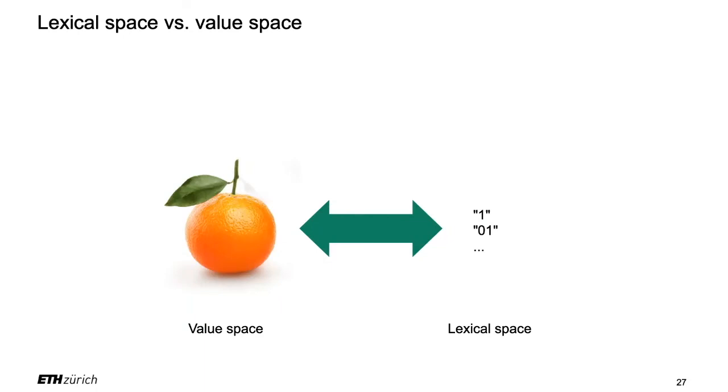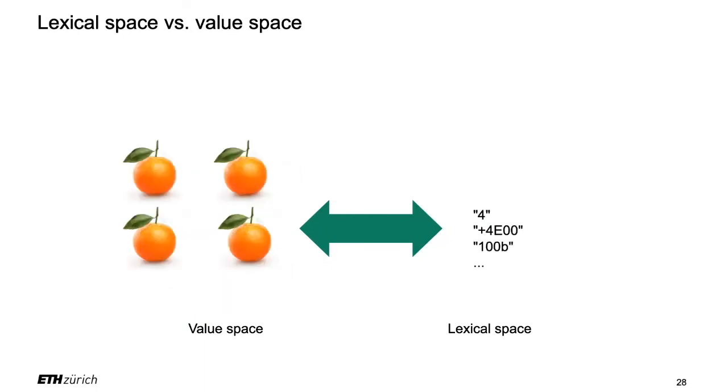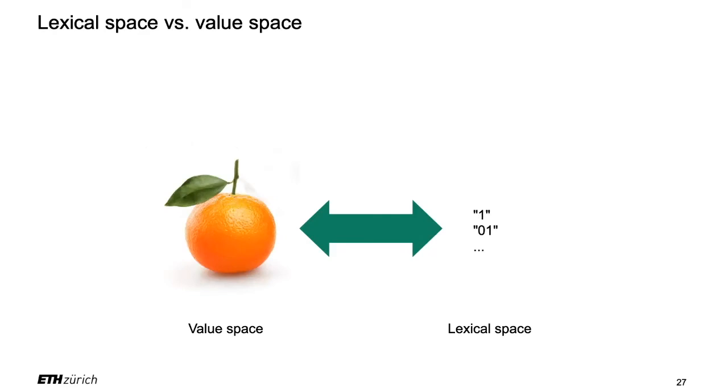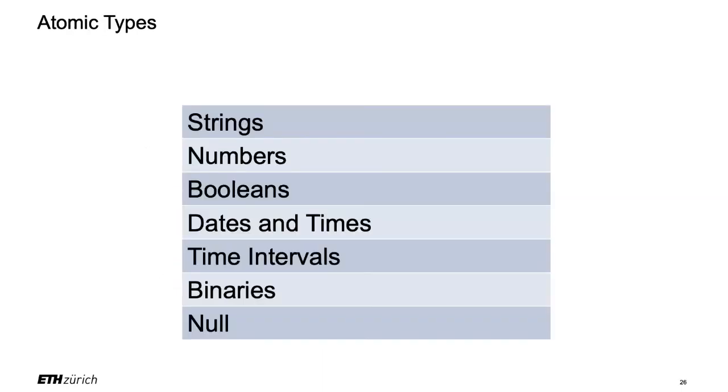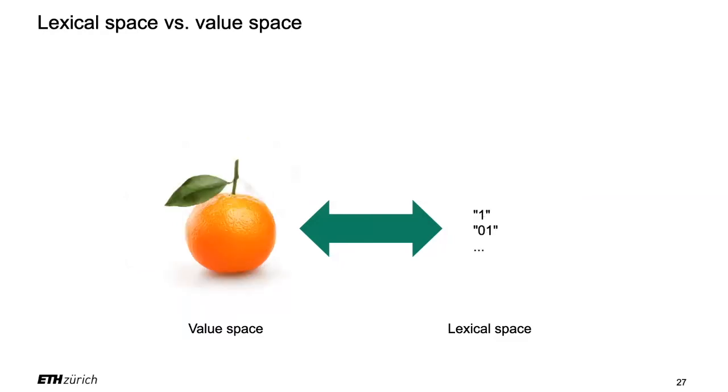What's important is that since we are dealing with text, originally it comes from XML and JSON, and when you parse it to memory, you might still have text, so a sequence of characters. You need to be aware that what's going on here is that there is some mapping, it's not a bijection. This is why it's tricky. It's not a bijection, it's more of a correspondence between what we call the lexical space and the value space. What is the lexical space? That's the text that you see in the XML or JSON document.